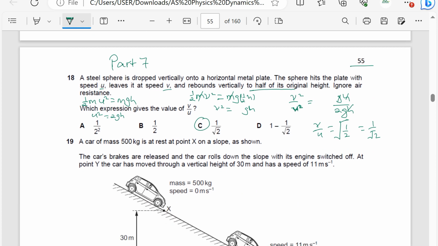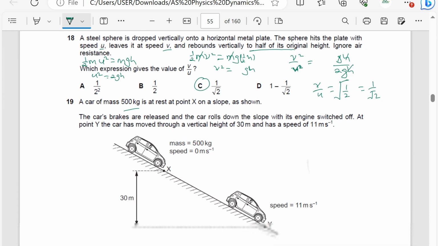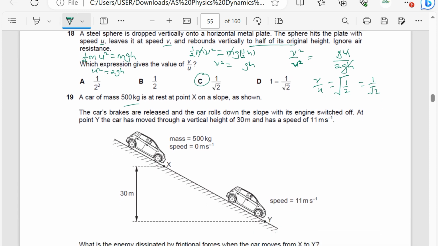A car of mass 500 kilograms is at rest at point X on a slope. The car's brakes are released and the car rolls down the slope with its engine switched off. At point Y, the car has moved through a vertical height of 30 meters and has a speed of 11 meters per second.